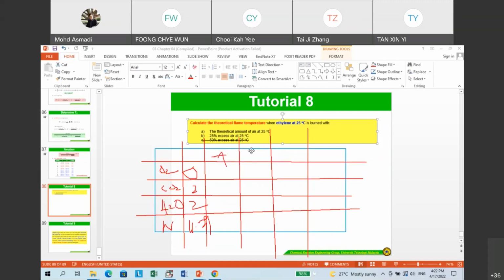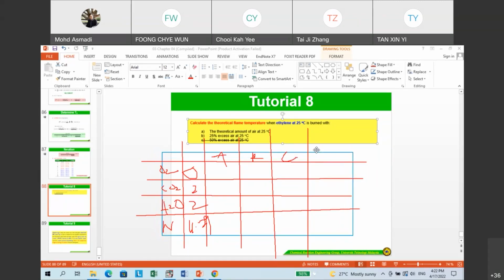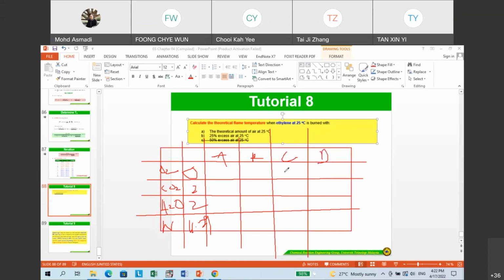And then A, B, C, and D. This one has no value. So just determine A, B, and also C and D. Is it clear? This is for the products.